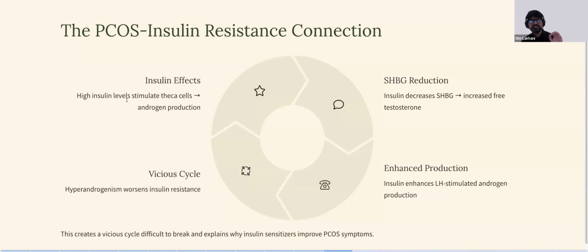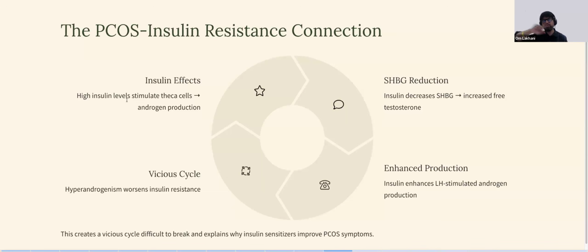Now, very high levels of insulin reduce the sex hormone binding globulin, and hence increase the free testosterone level in these women, and that also has increased clinical effects in terms of hyperandrogenism, and this becomes a vicious cycle again. In women, when you have increased androgen, they tend to have more visceral adiposity again, and this becomes a vicious cycle.